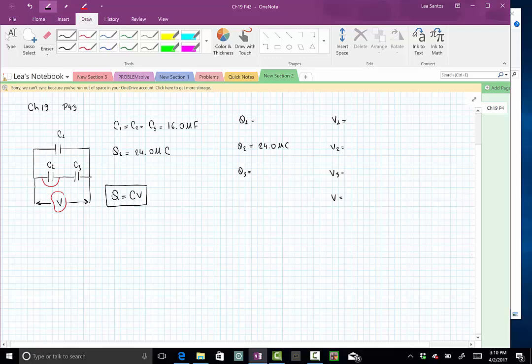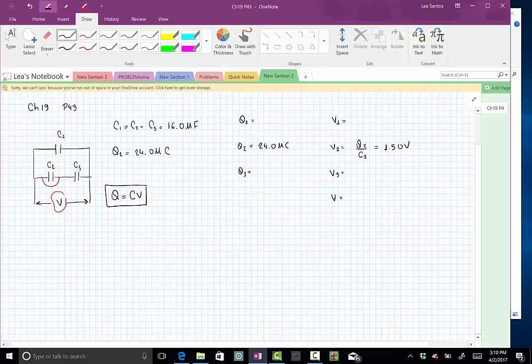This is the equation that we use when we are dealing with capacitors. So V2 is equal to Q2 divided by C2, and this value is 1.5 volts.